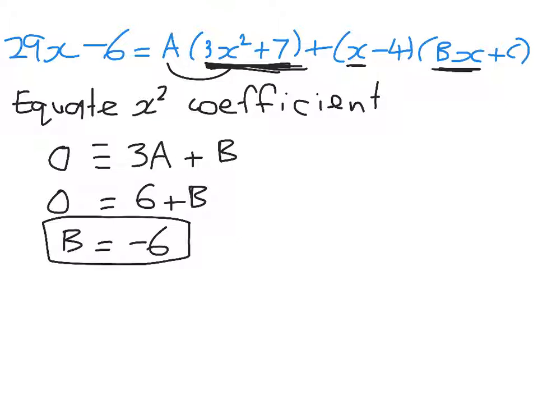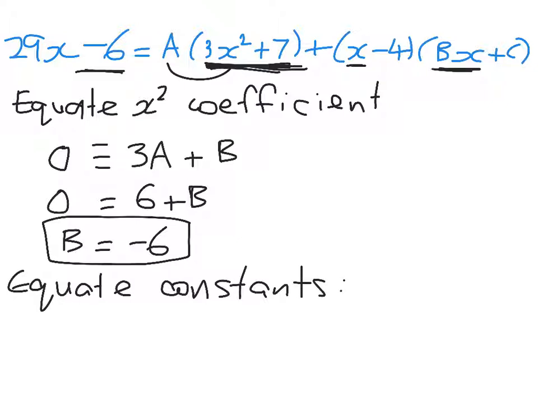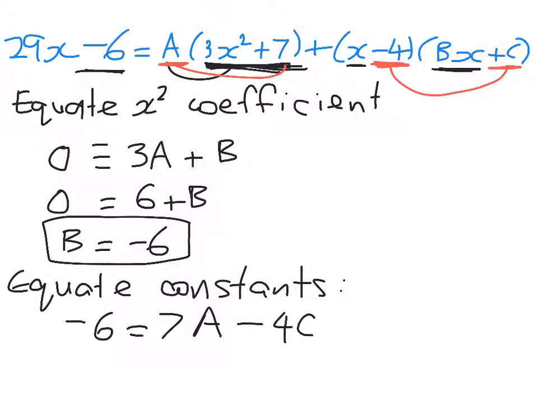And now we're going to do the same thing with the constant. We're going to equate the constant terms. Right, so what do we have? We have negative 6 is equal to, let's see, I've got a times 7, so 7a, and here my constant term is coming from negative 4 times c, so my constant term is minus 4c.